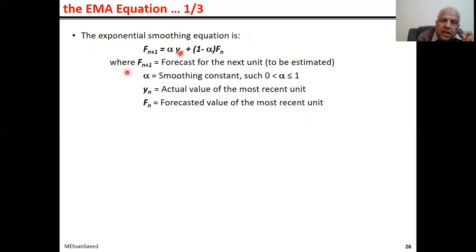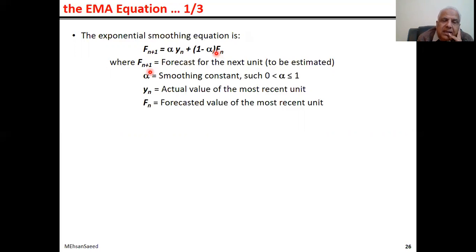However, if we give a weightage of alpha to the previous actual, then we give the complementary weightage to the previous forecast. What does that mean?